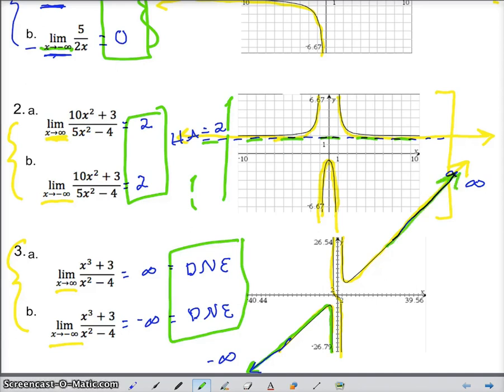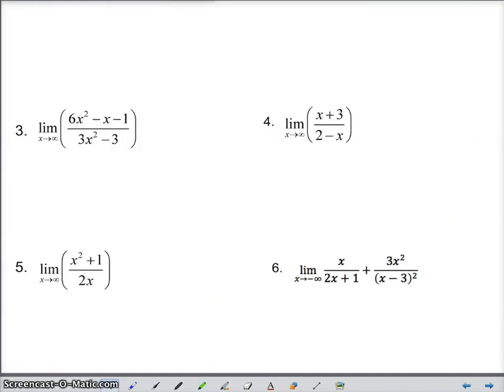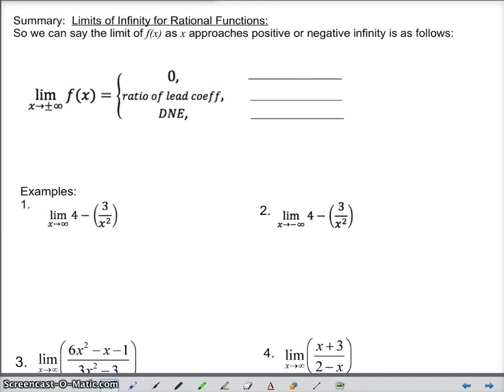So how do we know when our horizontal asymptotes will be 0 versus this value of 2 versus not having one at all? So let's review at the top of the second page. Early in the school year, we learned that to find horizontal asymptotes, we would look at the degree of the numerator and the degree of the denominator.